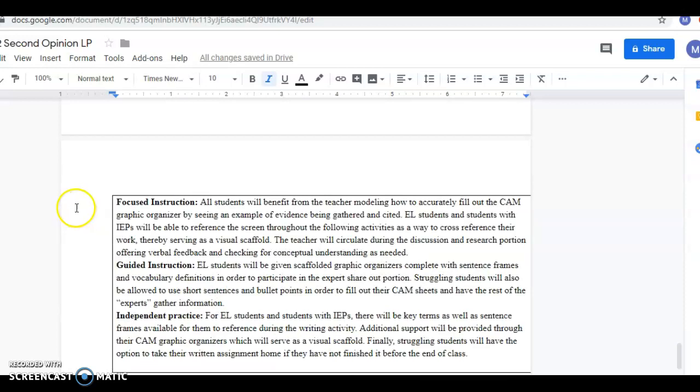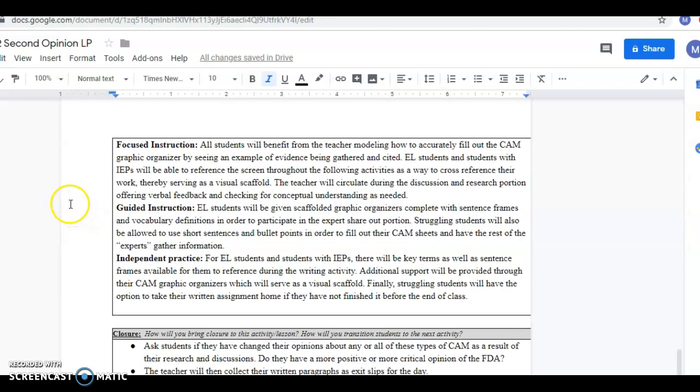So ideally, he or she is going to reflect the graphic organizer on the screen and fill it out, just showing them how to appropriately cite evidence and what is expected of them. So that's going to serve as a visual scaffold for students to be able to engage and participate in the activity.